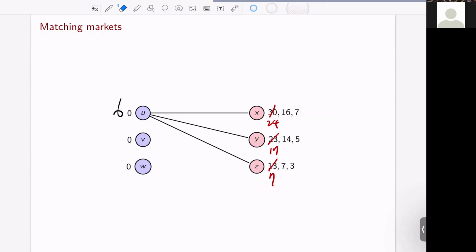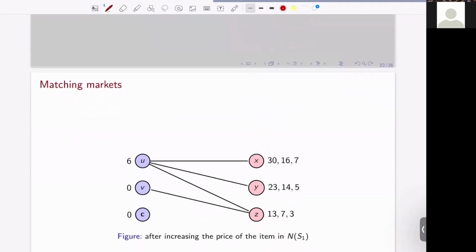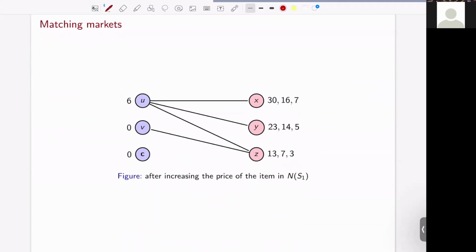But if you look at buyer Z, Z now becomes neutral between U and V. You get a different graph, which is this. Still, we have a conflict, right?